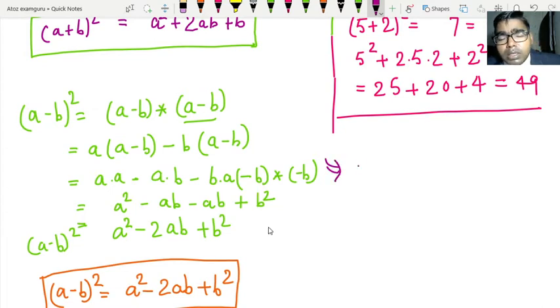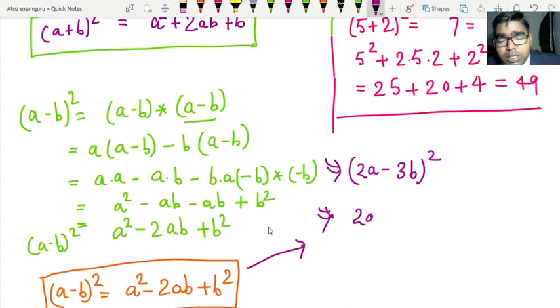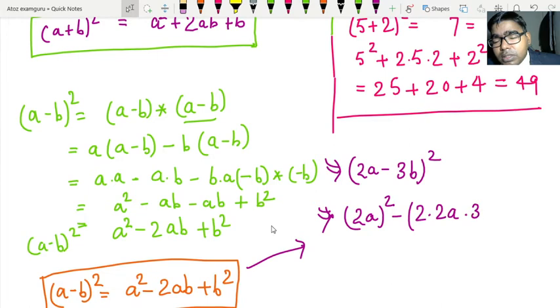(2a minus 3b) whole square. What do you have to do? You have to use this formula directly, right? So it becomes the square of the first term, it means (2a) whole square, minus twice of the first term 2a into the second term 3b, plus the square of the second term, right friends?